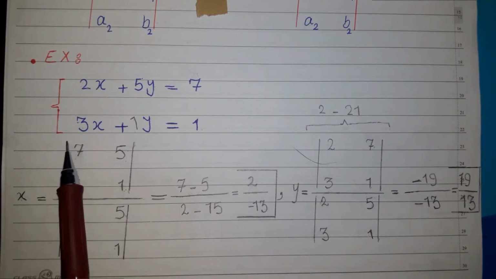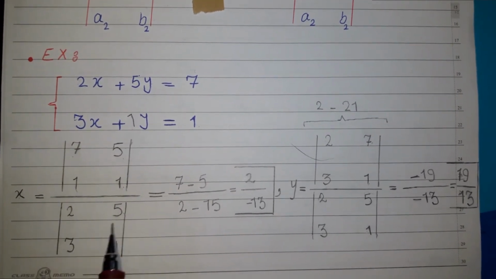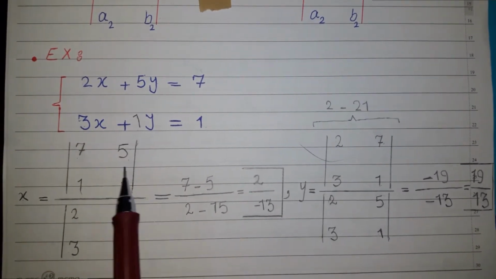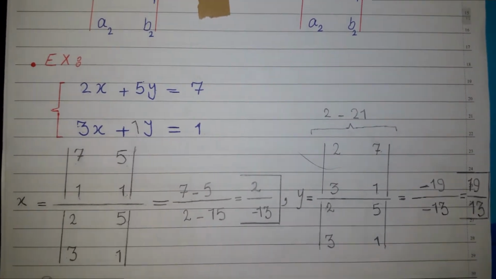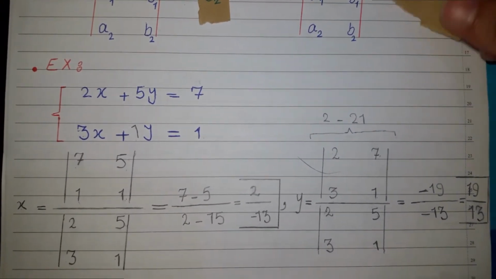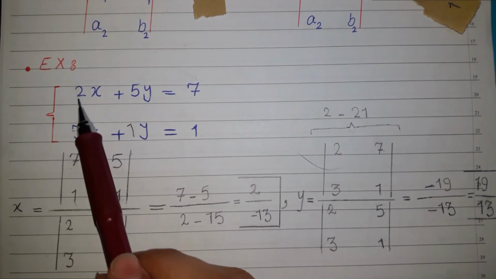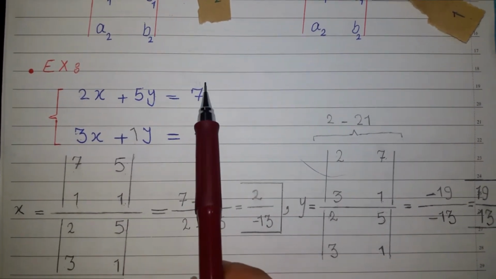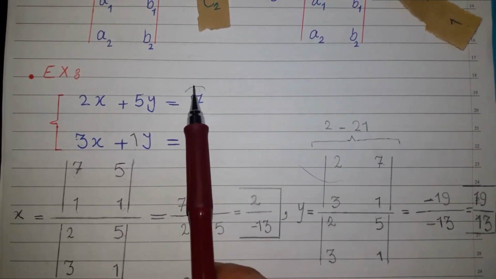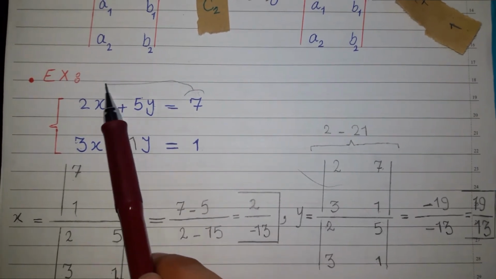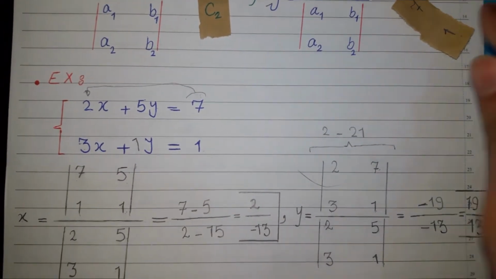Our numerator is the matrix obtained by deleting the first column and moving the column vector matrix of constants to here.